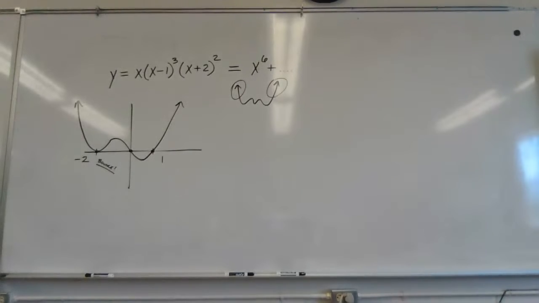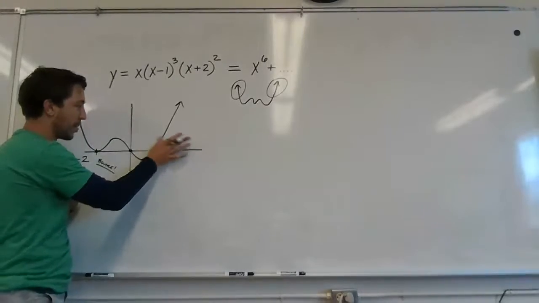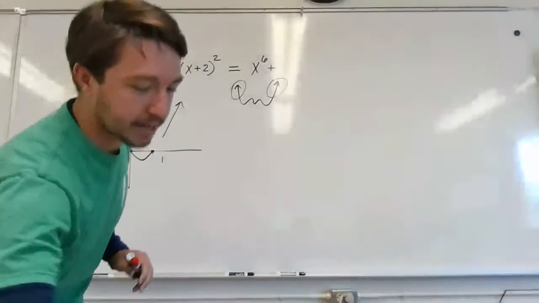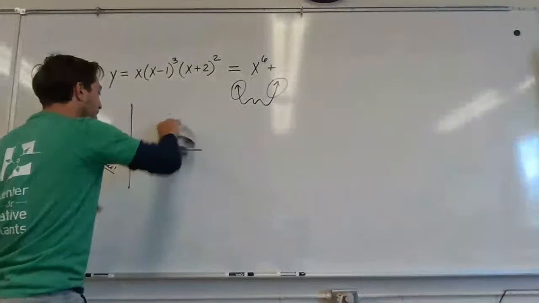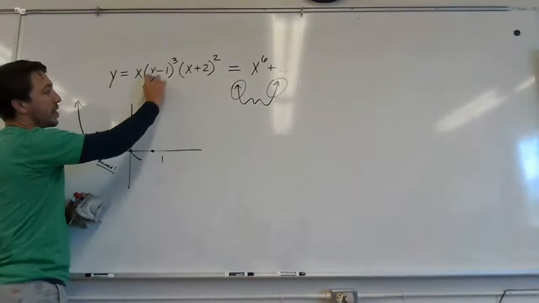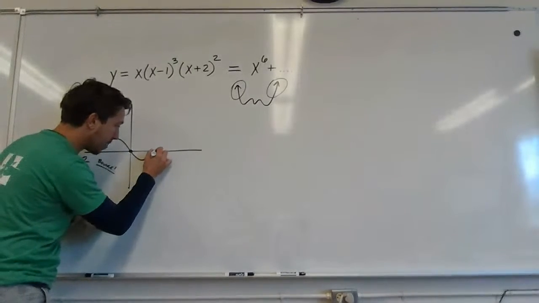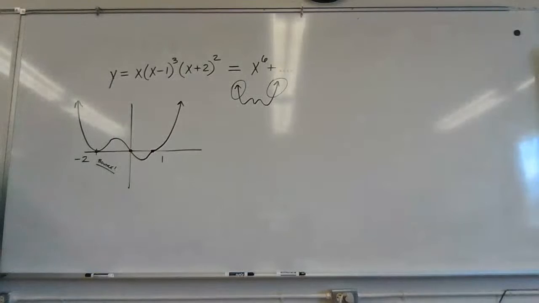And the only improvement I could make, I wanted to be fancy. Again, don't worry, I'm not going to mark you wrong if you don't put this on there, but I just think it's interesting. At that 1, it's actually a cubic behavior. And so it would actually look kind of like that.